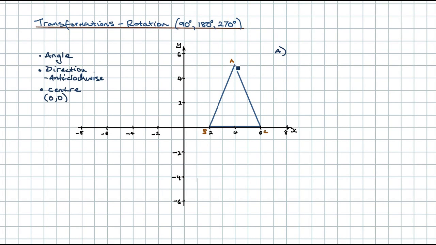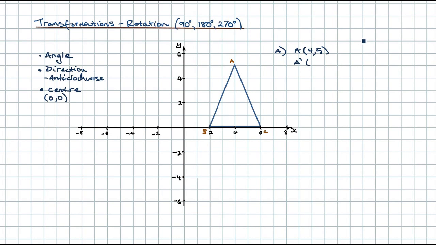Okay, so if we look at A, it's got coordinates of 4, 5. So A is (4, 5). What we want to know then is what is A'. Well, there's a little trick.